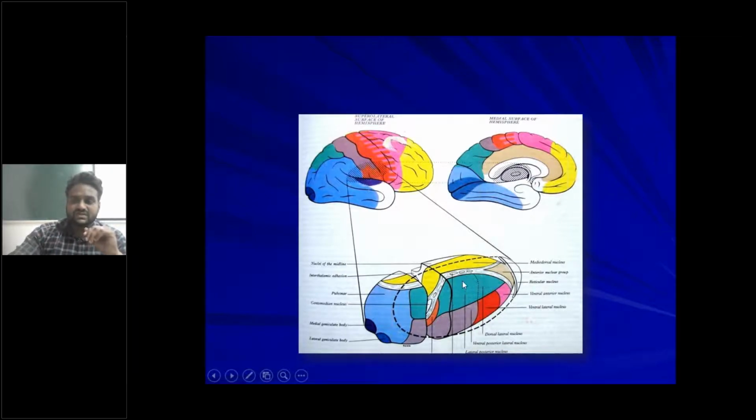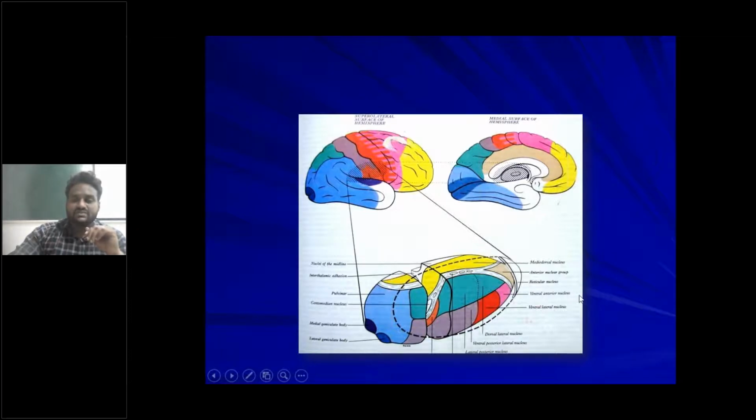So in this picture, we can see the nuclei. Already I told you, this is the anterior nucleus. This one is the medial nucleus, and these are the lateral nuclei. Lateral nuclei divide into ventral and dorsal. So you see the connections of the nuclei one by one.